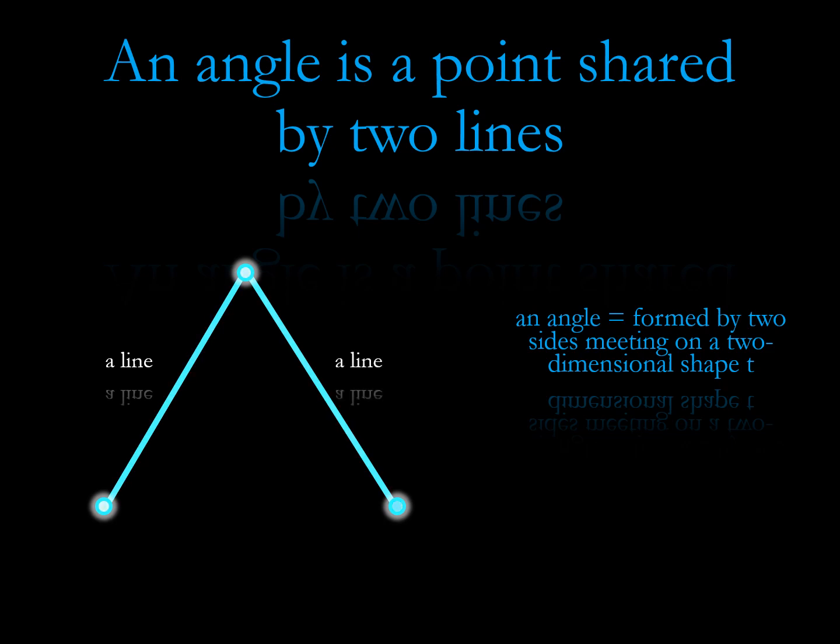We still don't have a shape, but we have a point, another point, a third point, and 2 lines. And now we have an angle, but we still don't have a shape.